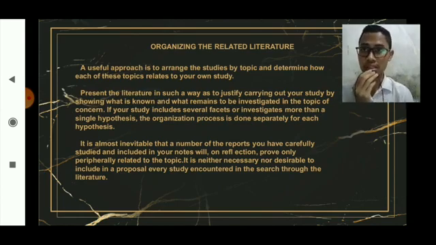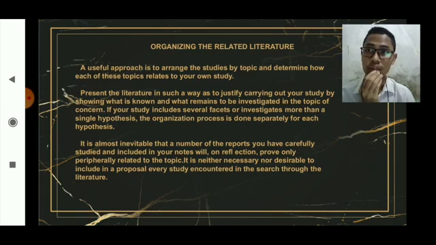The next topic is organizing the related literature. A useful approach is to arrange the studies by topic and determine how each topic relates to your own study. Present the literature in such a way as to justify carrying out your study by showing what is known and what remains to be investigated in the topic of concern.